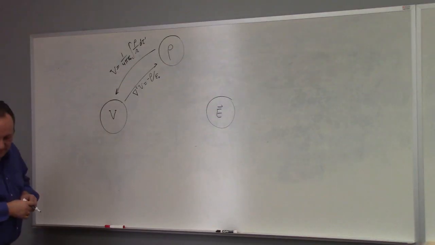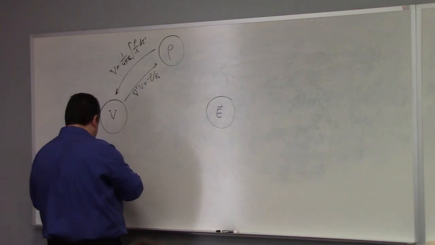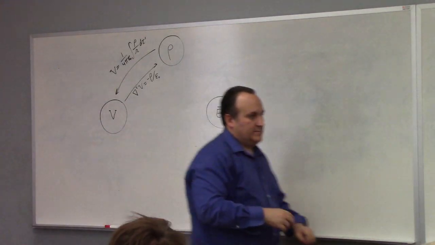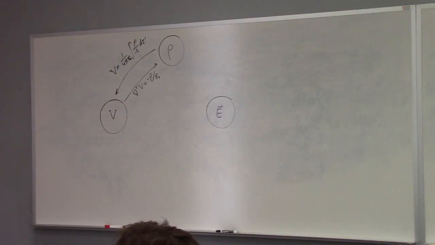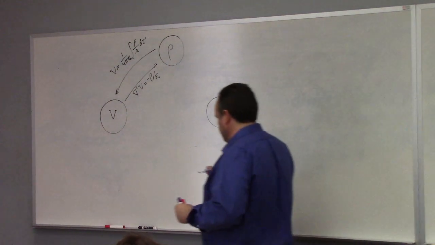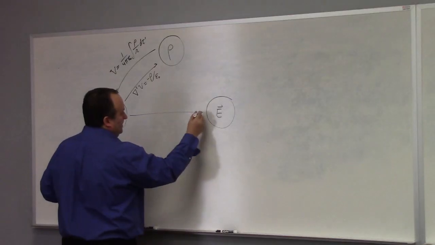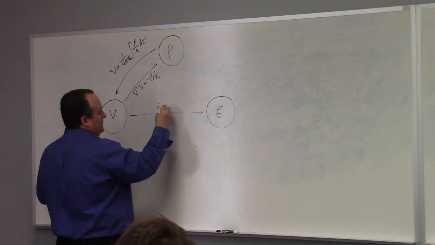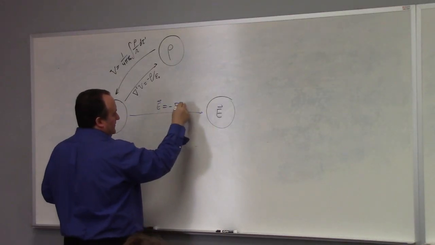To get from voltage to electric field, well, that's easy enough. What's that? Yeah, to get from voltage to electric field, we go minus the gradient. E equals minus the gradient of the voltage.